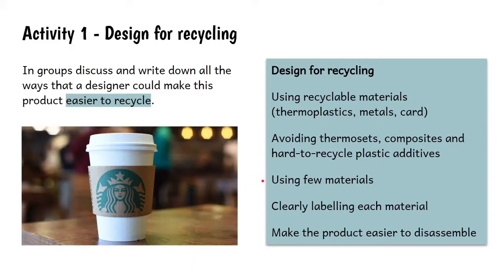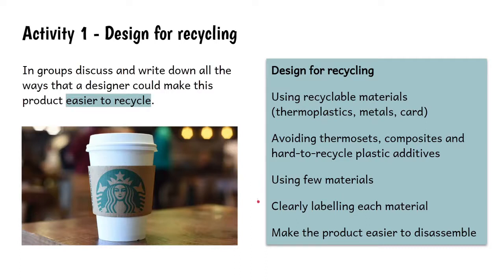So one of the problems with that Starbucks coffee cup is it's got loads of materials in it. It's got the plastic lid, it's got the cardboard cup, it's got the plastic coating on the cardboard cup, which is a different plastic from the lid. It's got the cardboard sleeve, it's got ink on it, and it's got glue holding the sleeve together. So there's quite a lot going on in that cup. We can improve its recyclability if we use fewer materials than that.